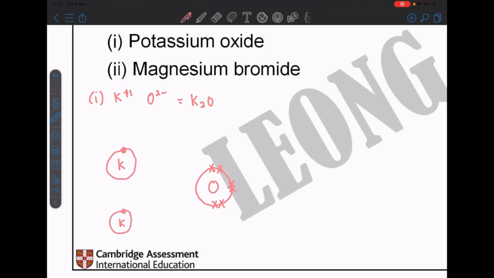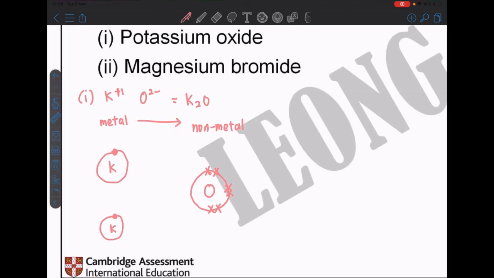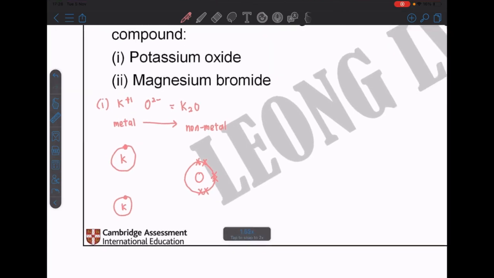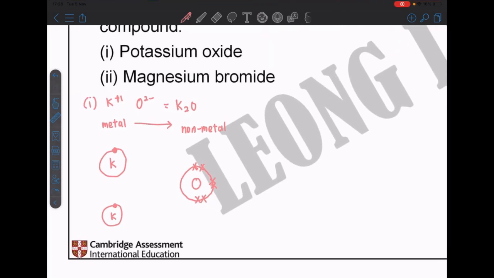So in this case, K would be the metal and oxygen would be the non-metal, and like I've mentioned earlier, electrons will be transferred to the non-metal instead. So in this case, we know that oxygen is missing 2 electrons. So where can we get them from? We can get them from the potassium.